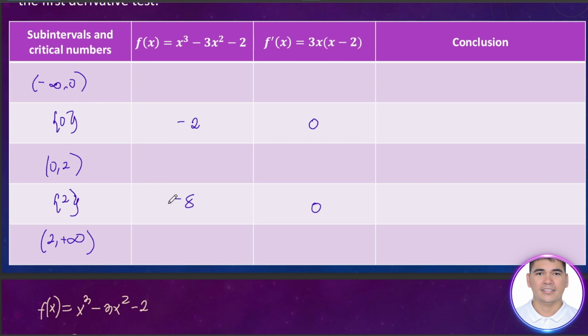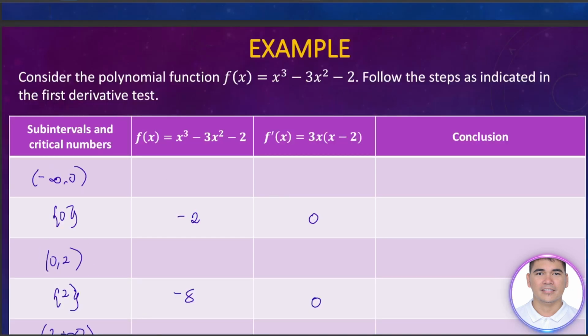We put it here, and then we have the value, whether it is positive or negative. Now in this part, we substitute the element, our c or our x, which is an element of this open interval, to this derivative.